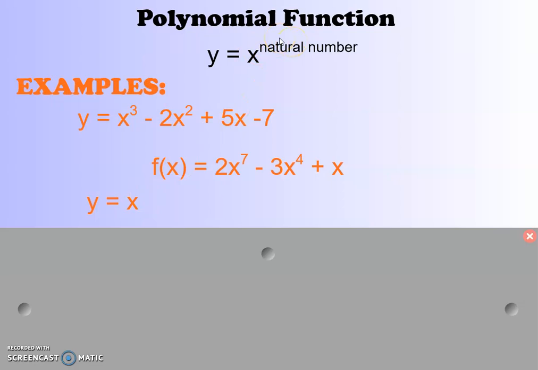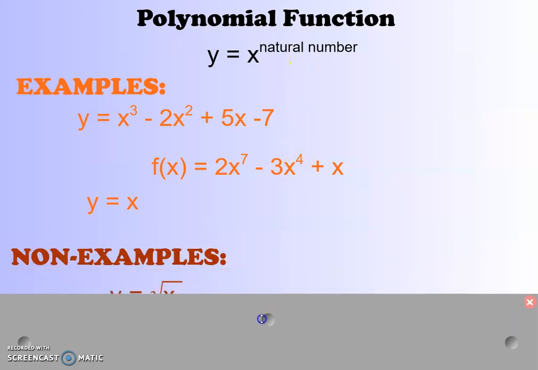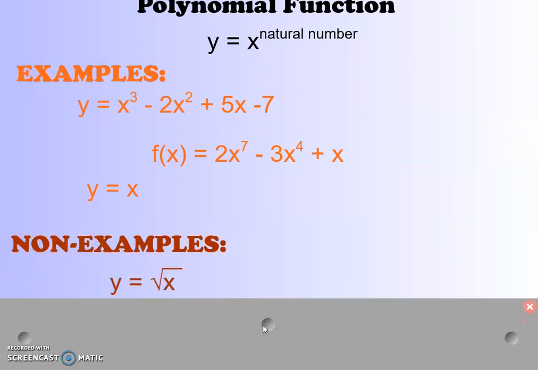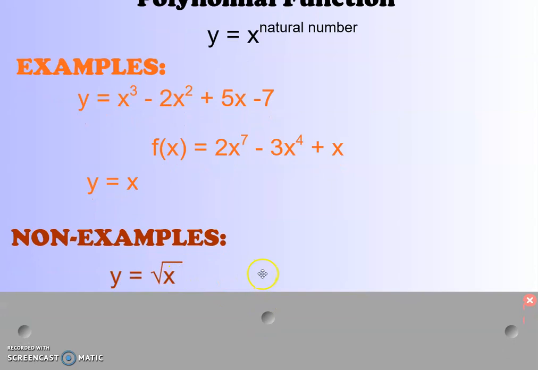And sometimes it helps to look at non-examples. These are things that are not polynomial functions, such as y equals the square root of x. Remember, if we rewrite this using exponents instead of the square root symbol, it would be y equals x to the 1/2 power. And that exponent 1/2 is not a natural number, so this would not be a polynomial function.